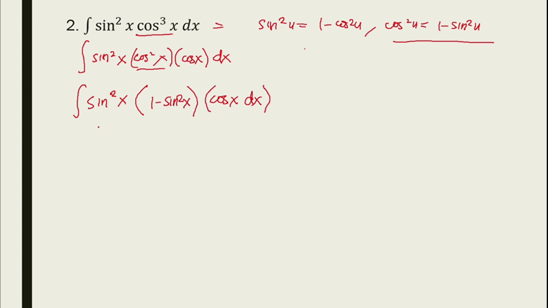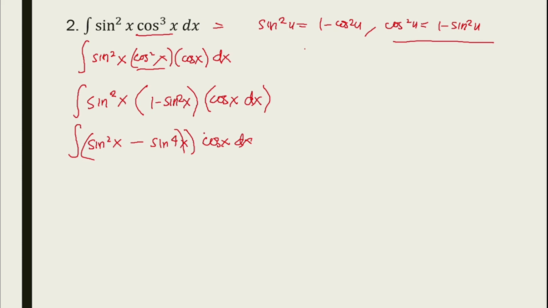Next, we have to distribute, so sine squared x minus sine 4x, and this is cos x dx.